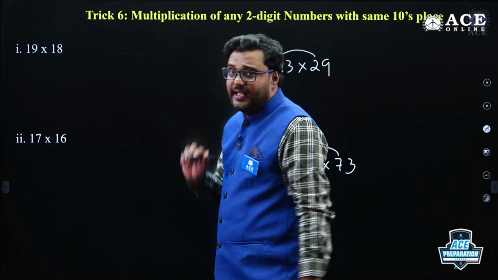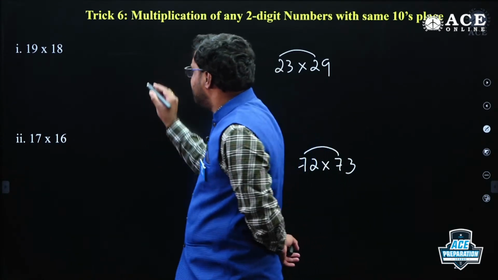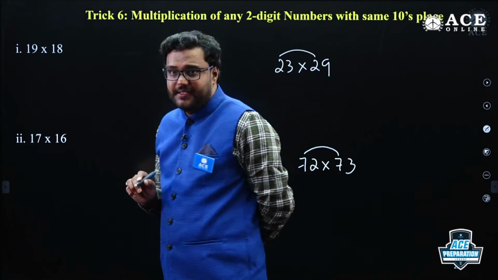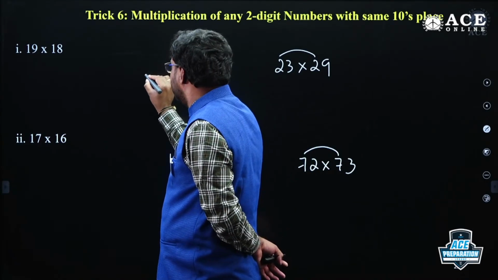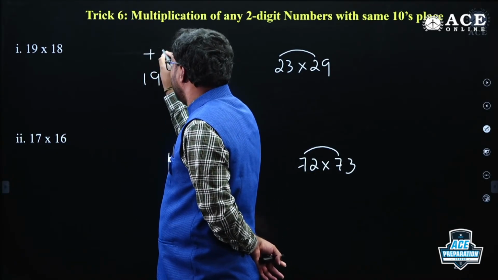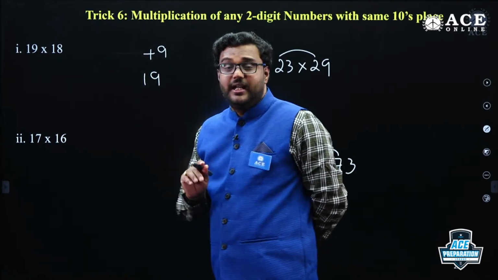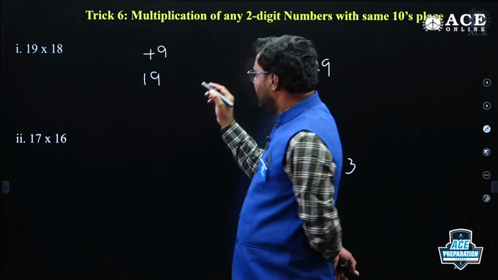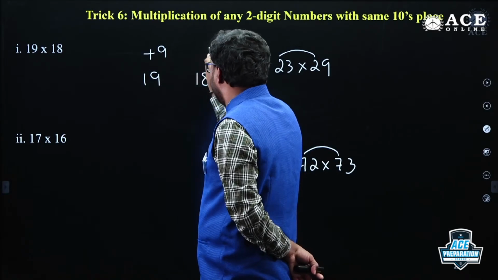See this, my dear friends, first take a small example to understand the concept: 19 into 18. 19 is close to 10, 9 more than 10. 18 is 8 more than 10.